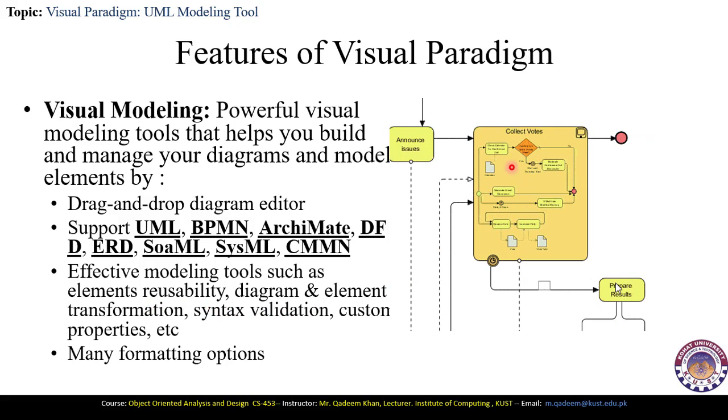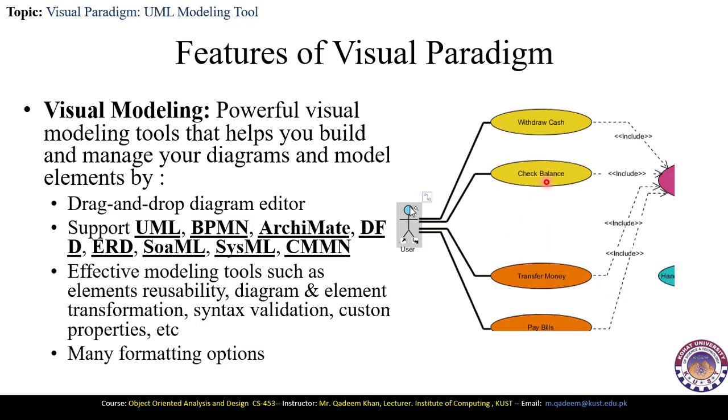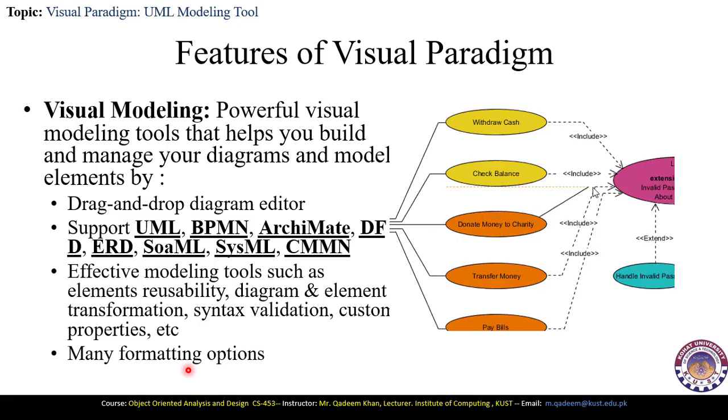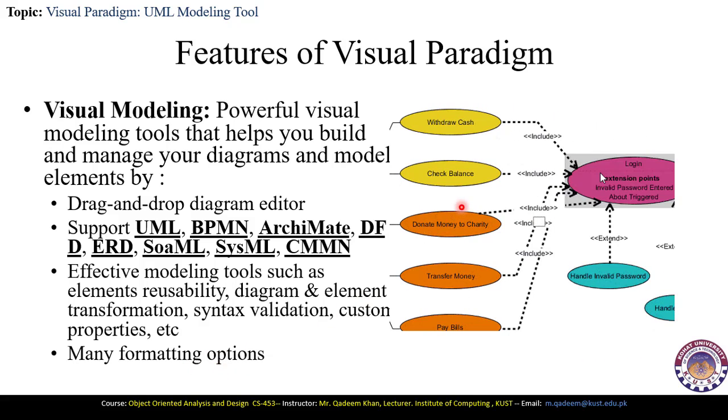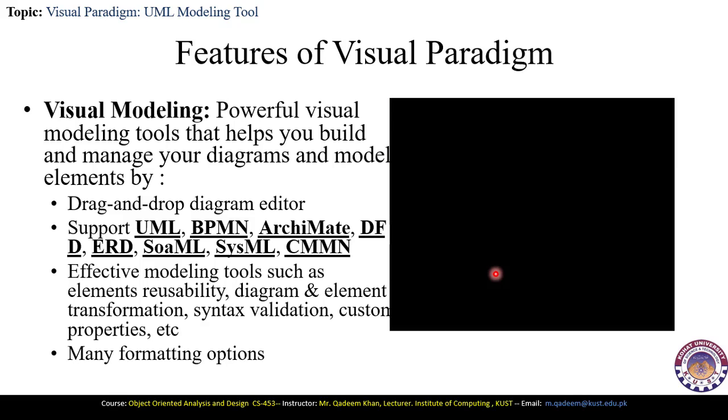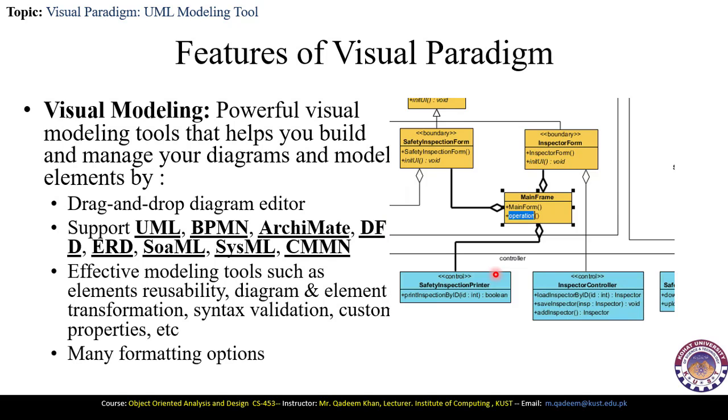Syntax validations, for example, if you have certain validations of this use case diagram or the class diagram, then you can also validate it through the UML custom properties. That means different sorts of properties which are relevant to the customers. Many other formatting options as well. For example, if you want to change the background color or the text colors here, that can also be performed using Visual Paradigm.